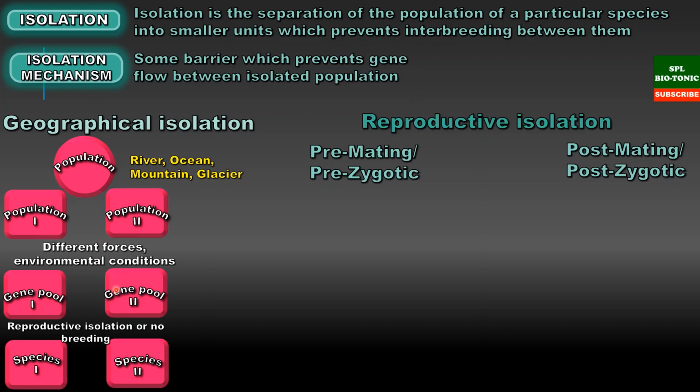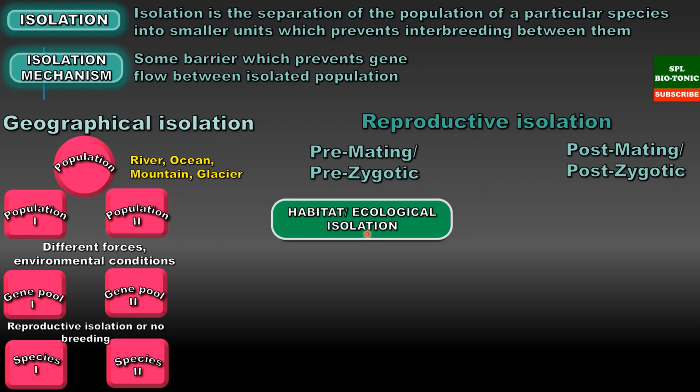Now let us talk about reproductive isolation. In the case of pre-mating or pre-zygotic mechanisms, the individuals are not able to come together for breeding due to various reasons. The first is habitat or ecological isolation. Here the members of the populations live in different ecological conditions but the same geographical area.